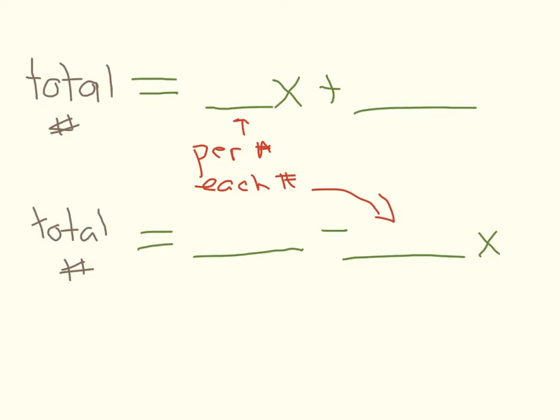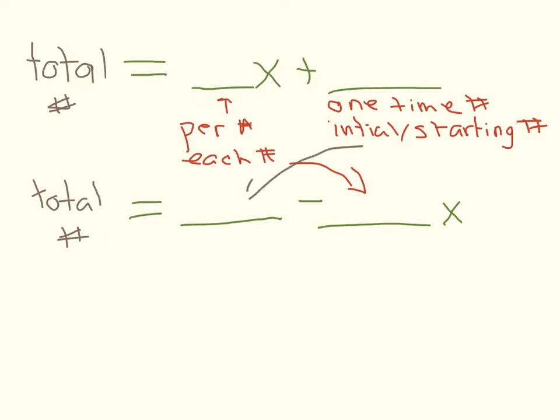And then the number by itself, you're just adding that one time. So that's typically your one-time number. This cost only happens once, or you initially start out with this amount. Initial or starting number can go here too. All right, so make sure you have this copied down so that you can refer to it when we go into our questions.